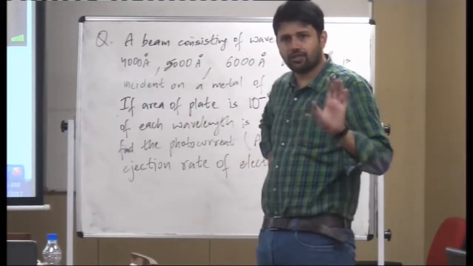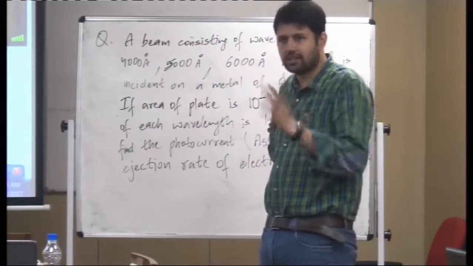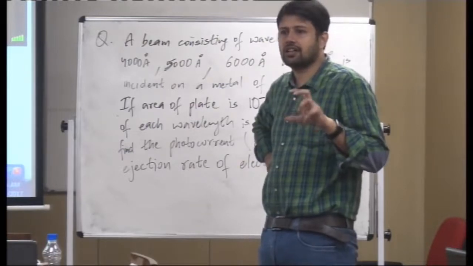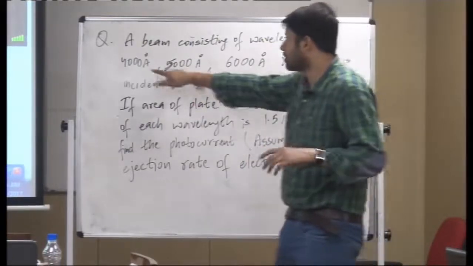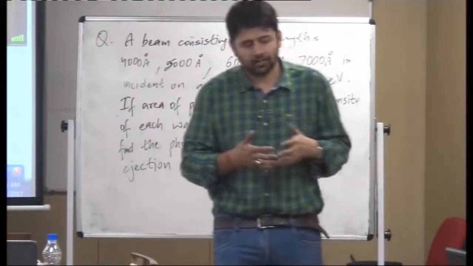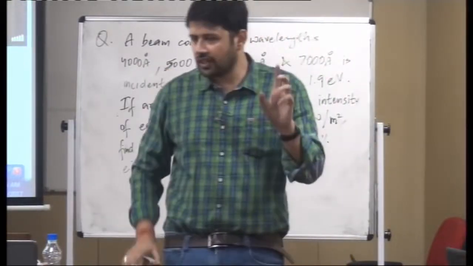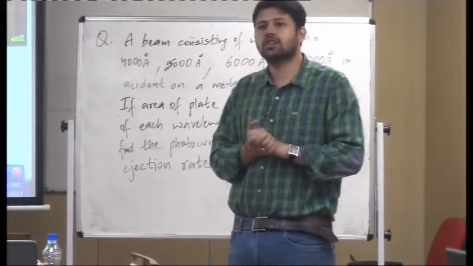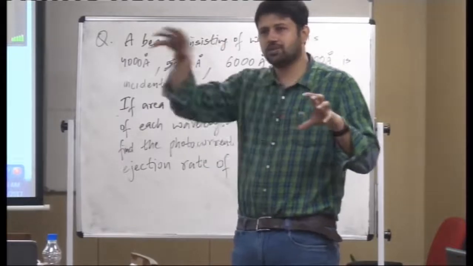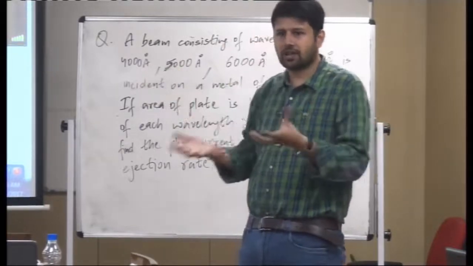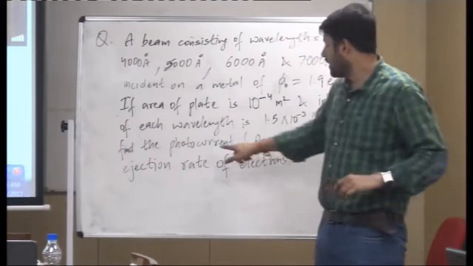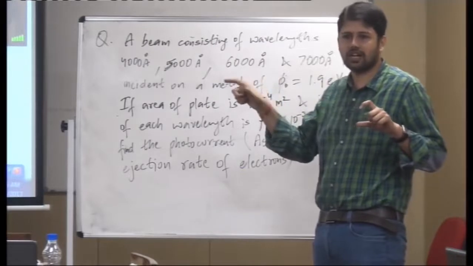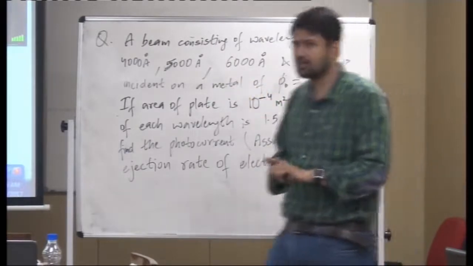You know the energy of one photon, you know the intensity, you need to find the link between them. Then let's say for 4000 you get 100 photons, so you would say that only one electron would be emitted and so on. So from each case you need to find the number of electrons, you get the total number of electrons, and for photocurrent you need to multiply the number of electrons with the charge of one electron. It's a long question, right?